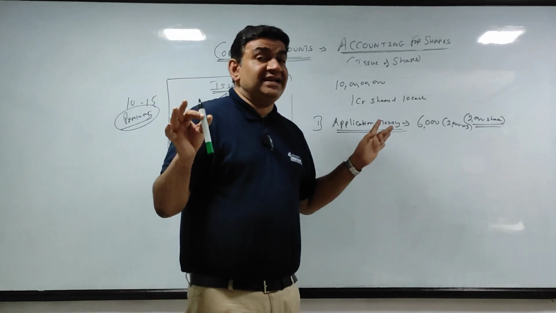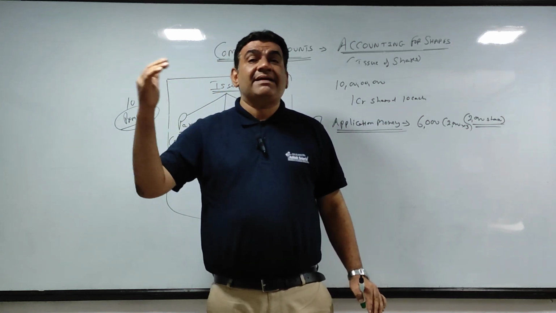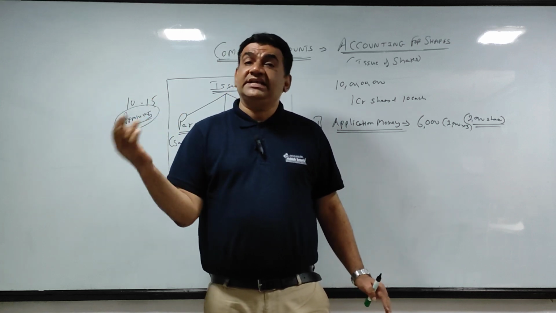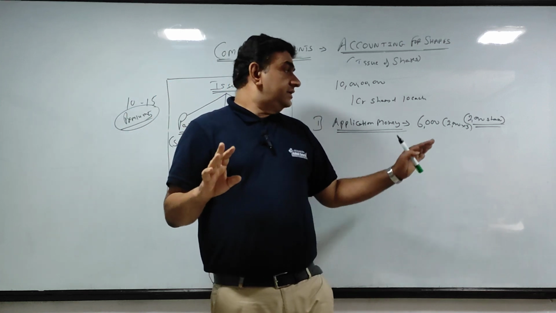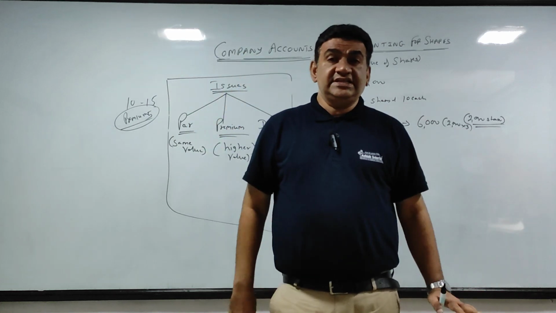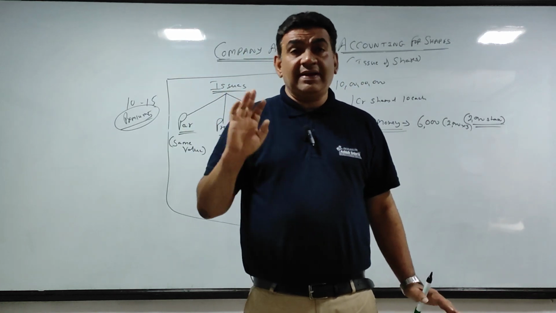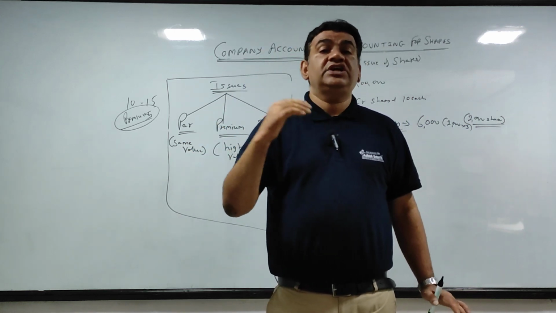Now guys, understand this. If someone makes an application, it does not mean that the application will be accepted. It can be accepted fully. The company will give the full 2000 shares. The company may reject it fully and give the money back. Or out of 2000, the company can give partial allotment.